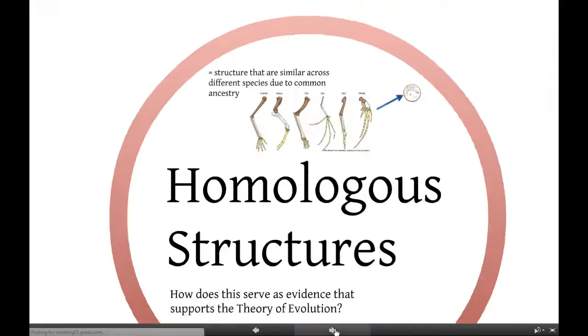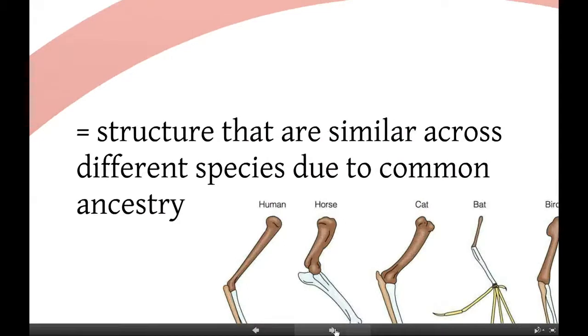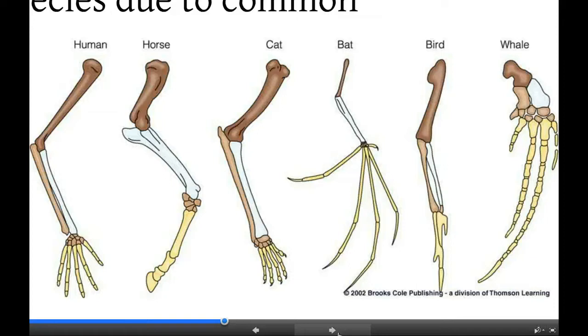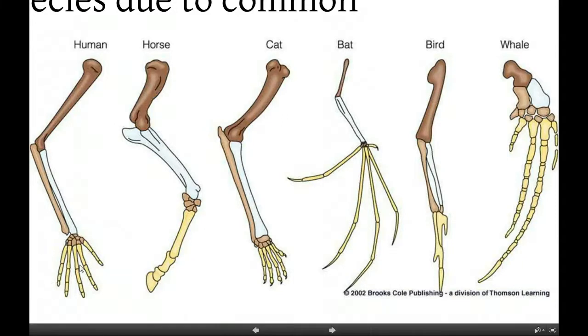Homologous structures is the next piece of evidence, and these are structures that are similar across different species due to common ancestry. So, here's a diagram, a cartoon of human, horse, cat, bat, bird, and whale appendages. If you notice, the color coding indicates the same bones, but they've taken on very different shapes. The human has 5 fingers here, whereas in the horse it's been modified into this part of the leg.